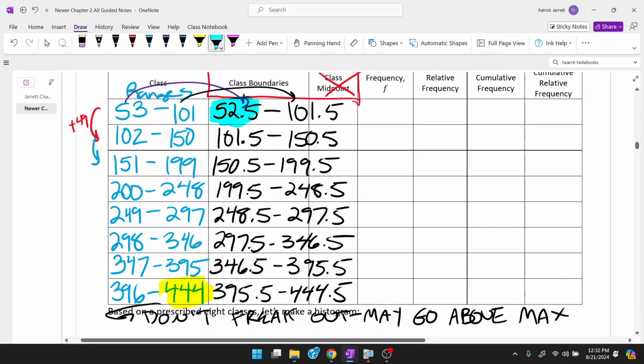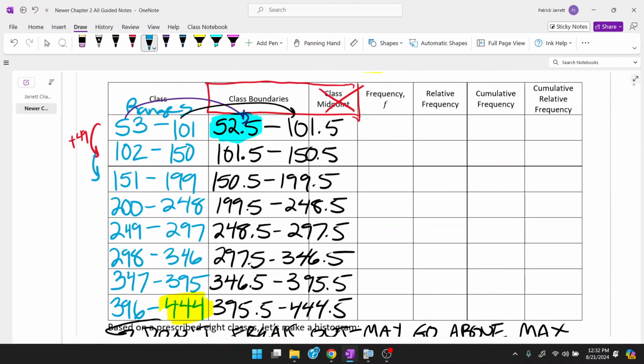This 52.5, when we go to do this in the calculator, we can put that in as our what on the window value? X min, very good. And this 444.5 can go in as our X max.